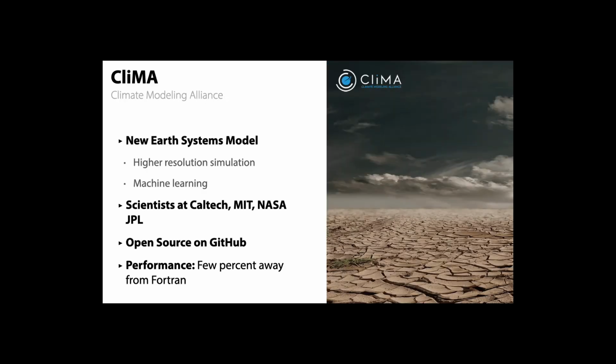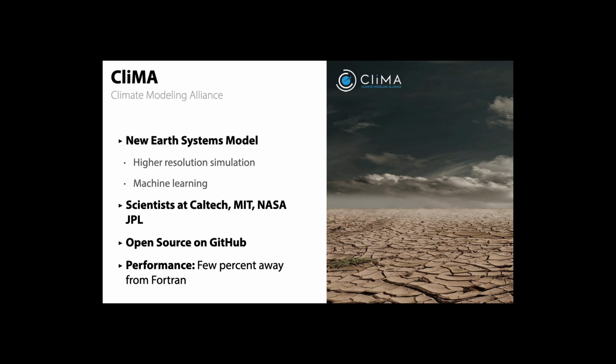Let's do another example. The next generation climate models, that's a big thing for our future, is going to be built using Julia. And these aren't just anybody doing this. This is scientists from Caltech, from Massachusetts Institute of Technology, from NASA Jet Propulsion Laboratory.